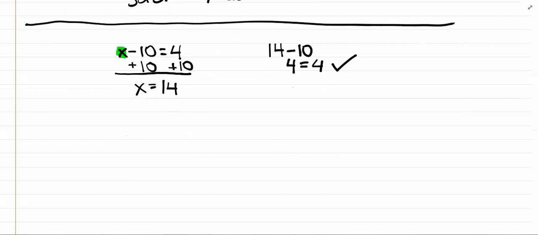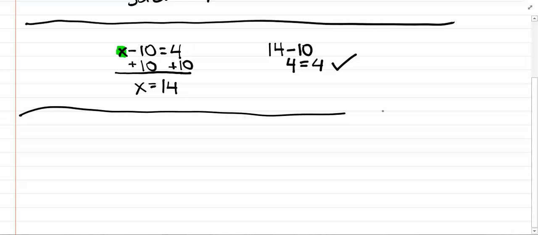Let's go on and try another one. So let's say that we got, and they can use any variable, so let's say they got y, well, let's just do plus 3 equals 8.